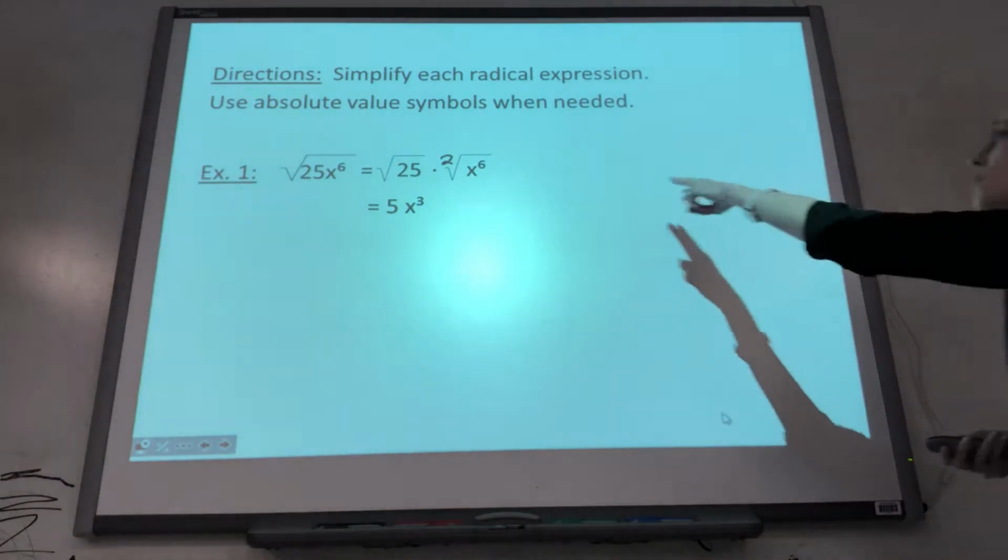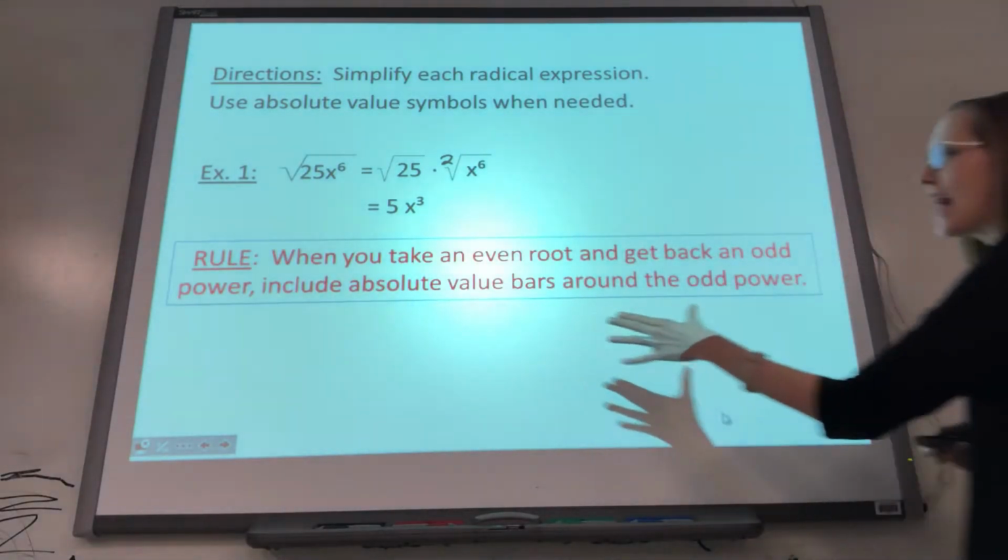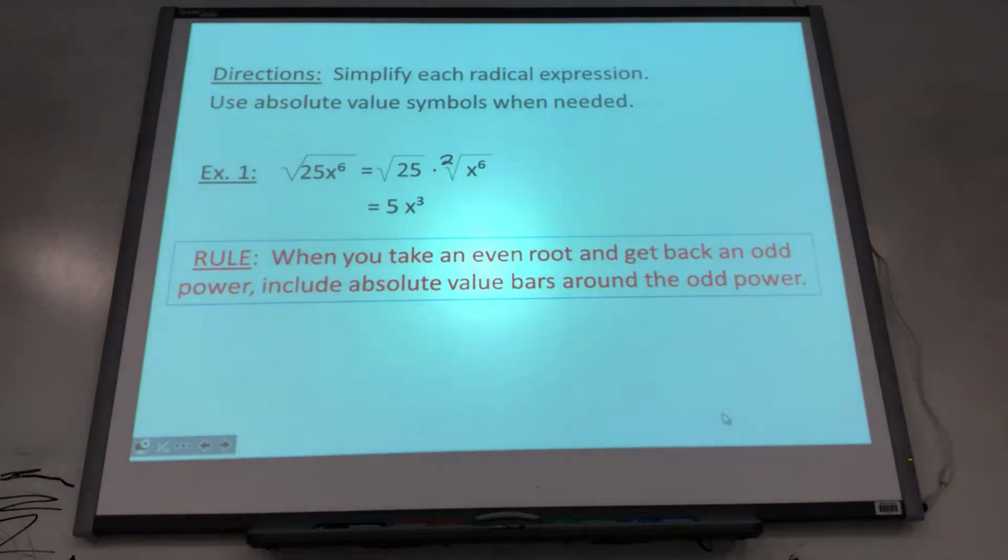Now, here comes the rule about absolute value symbols. If you're making a cheat sheet, you might want to write this down.